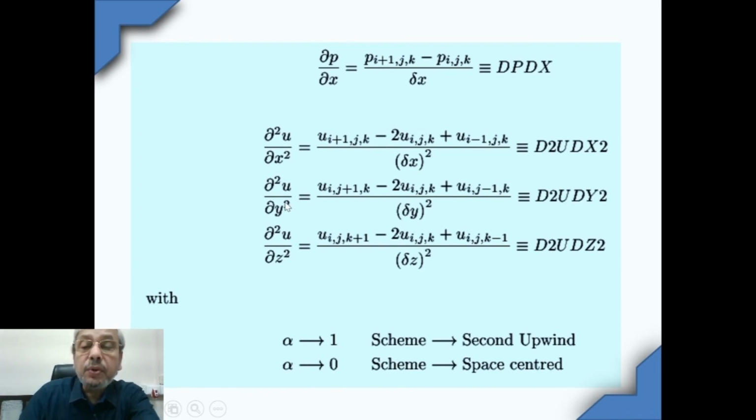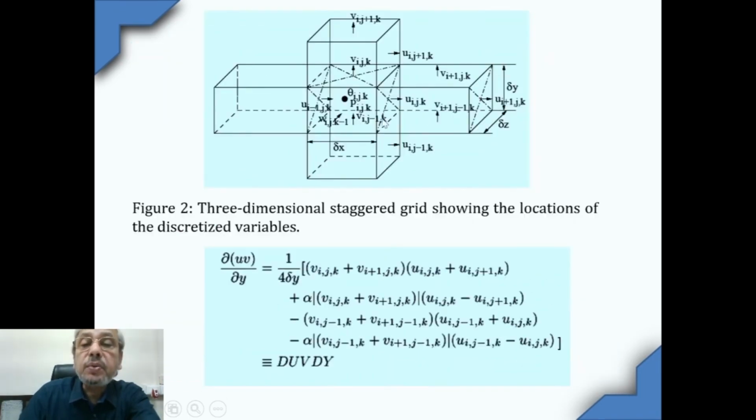Again, if we go back by one or two slides, since it is associated with the u momentum equation or x momentum equation, where uijk has been defined, here we have to find the finite difference quotient of del 2u del x2, del 2u del y2, del 2u del z2.